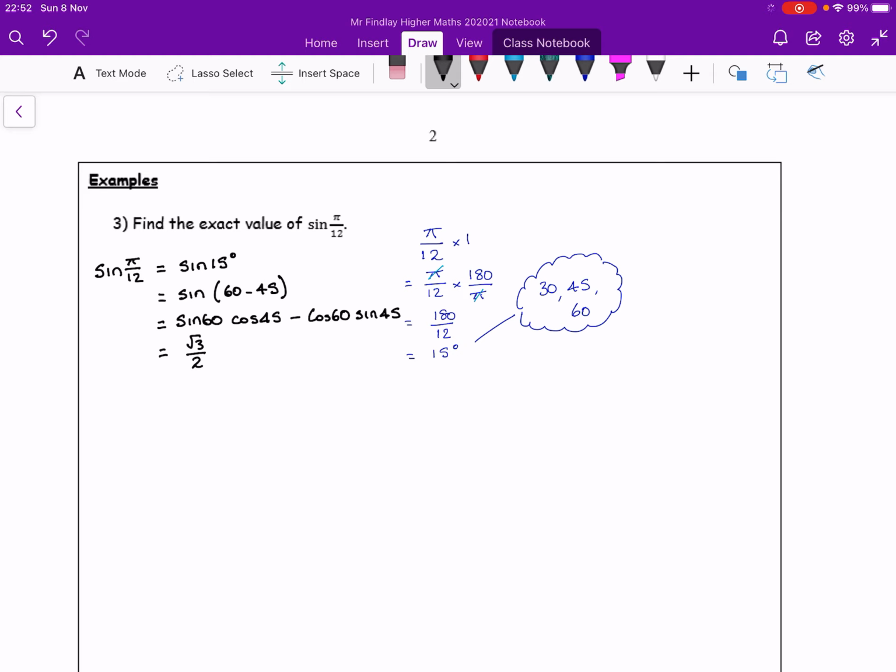Root 3 over 2 times 1 over root 2, subtract a half times 1 over root 2. Again, consistent denominators as always, root 3 over 2 root 2, 1 over 2 root 2, and then as a single fraction, root 3 minus 1 over 2 root 2. And that is my exact value of sine pi over 12.